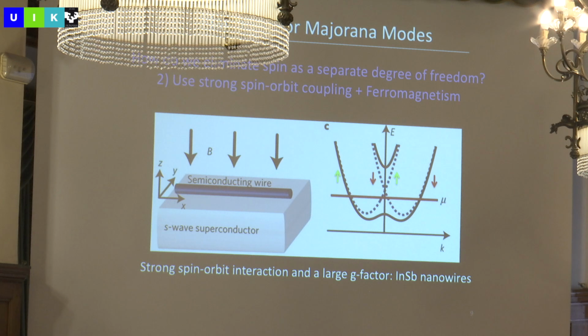The other way to do it is what many people have talked about already, including Adi today, where you take a semiconductor with strong Rashba coupling such that you have this kind of band structure, and then you turn on a magnetic field and you gap out this crossing.